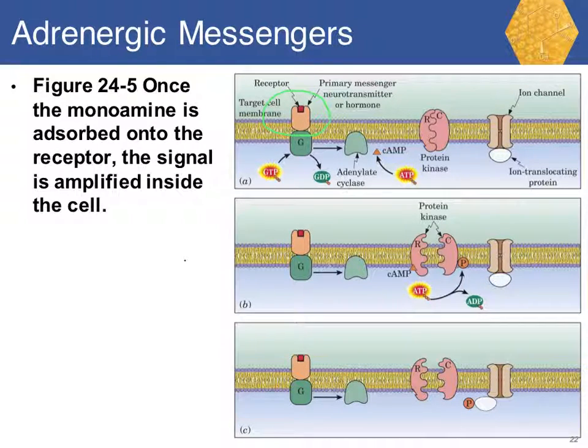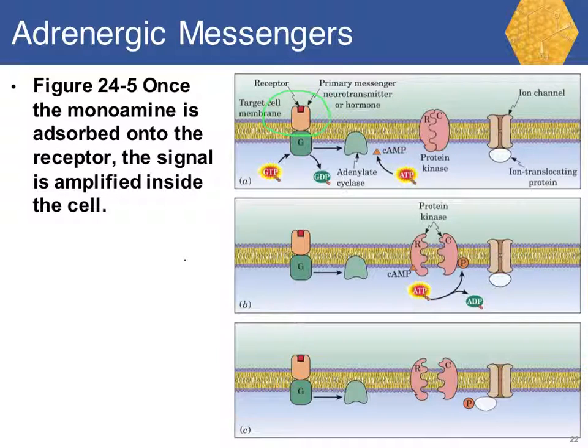This receptor has an associated protein called the G protein. It has a long name, guanosine triphosphate. That protein is the key to propagating that signal throughout the cell.